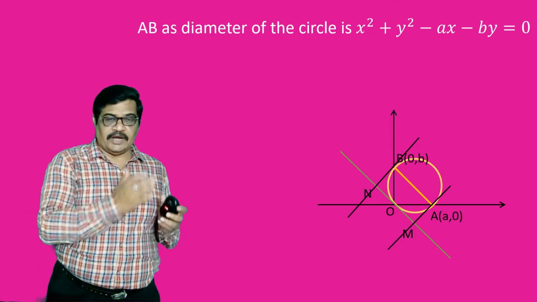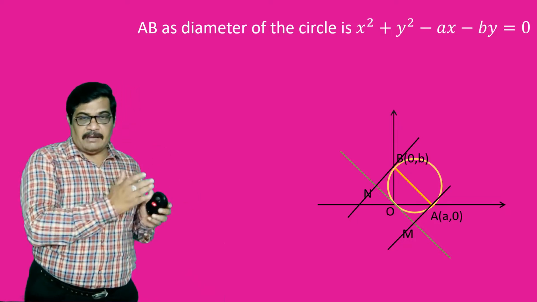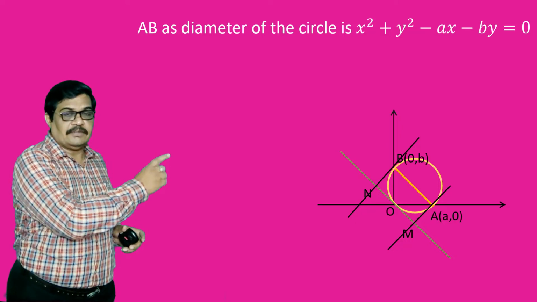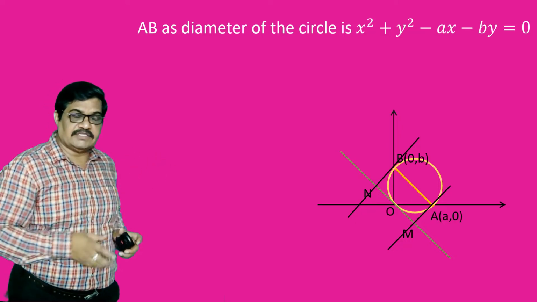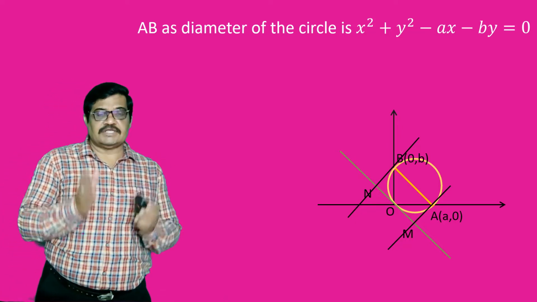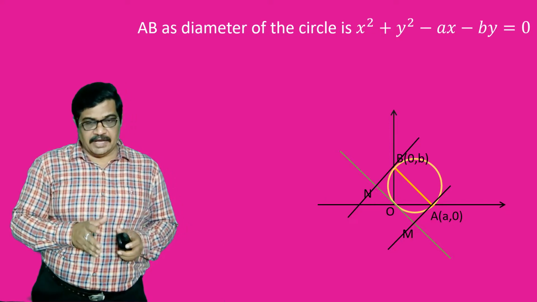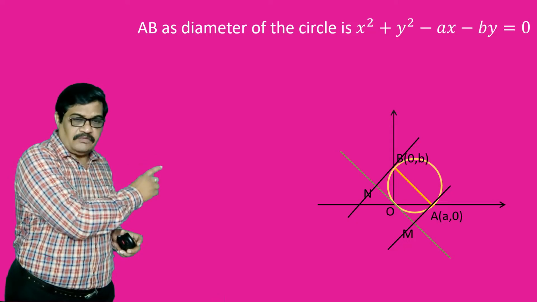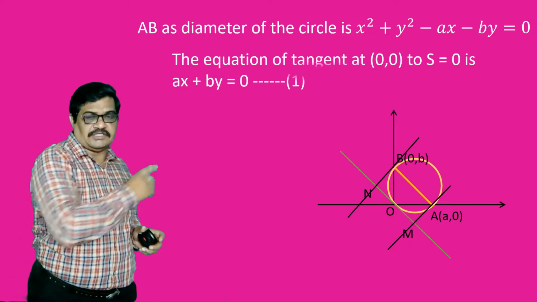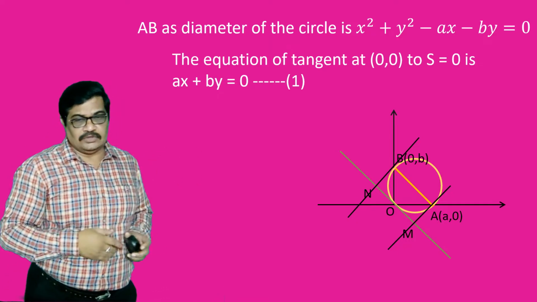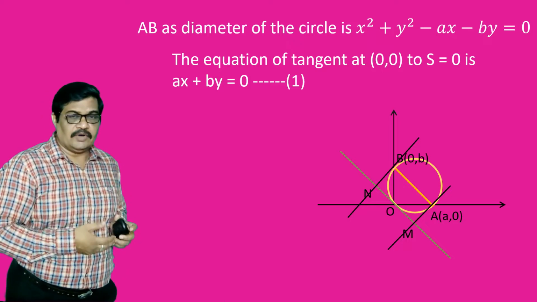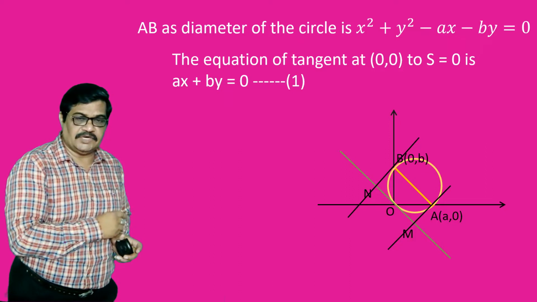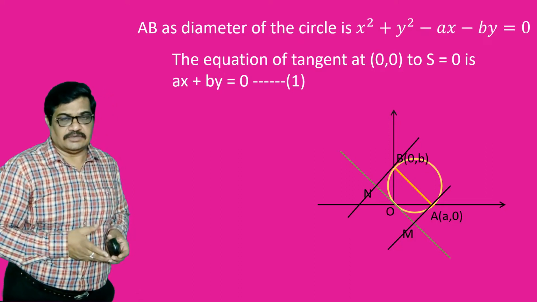Okay, now we write the circle with AB as the diameter, that is x square plus y square minus ax minus by is equal to 0. This is the circle with AB as the diameter. Okay. Now the equation of the tangent at origin to S is equal to 0. For this circle we take the tangent at origin, that is S1 is equal to 0.